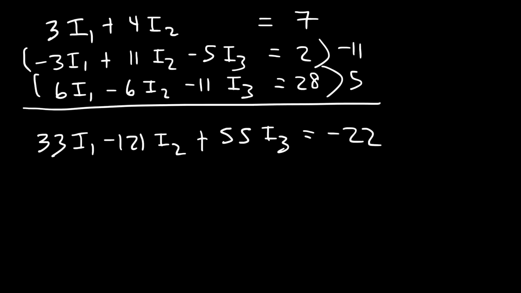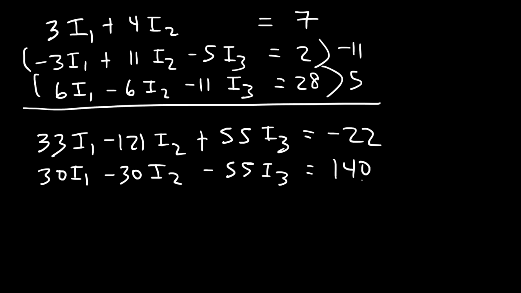Now let's multiply the third equation by 5. So 6I1 times 5, that's going to be 30I1. And then negative 6I2 times 5, that's negative 30I2. Negative 11I3 times 5 is negative 55I3. And 28 times 5. We know 20 times 5 is 100. 8 times 5 is 40, so this is going to be 140.